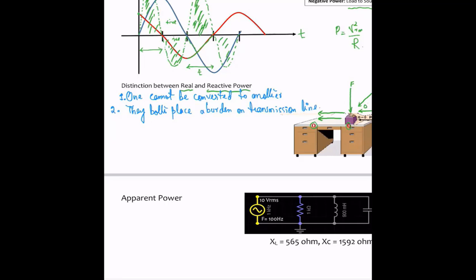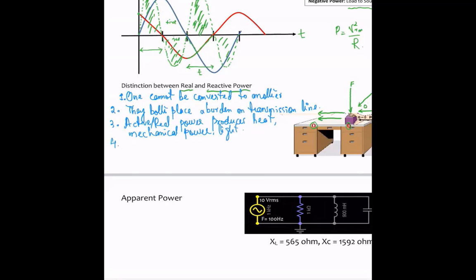Also remember that active power and real power are both the same thing. Power produces heat, mechanical power, or light, even light.